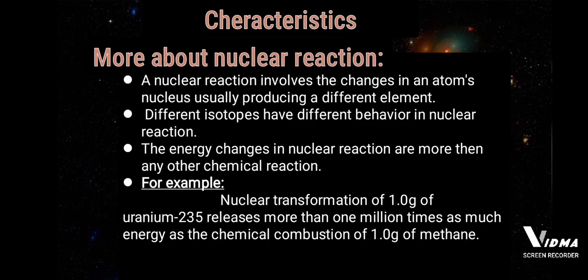Then there are also other characteristics of nuclear reactions. A nuclear reaction involves a change in an atom's nucleus, usually producing a different element. Different isotopes have different behavior in nuclear reactions. The energy changes in nuclear reactions are greater than in any chemical reaction. For example, the nuclear transformation of 1.0 gram of uranium-235 releases more than 1 million times as much energy as the chemical combustion of 1.0 gram of methane.